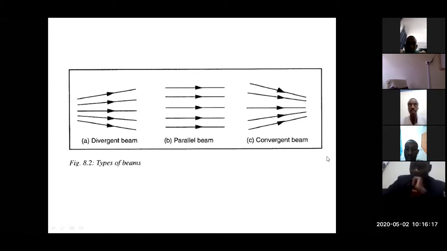Zamzam, can you try to support what Hassan has given us? Umbra is the most dark place and the penumbra is slightly dark.